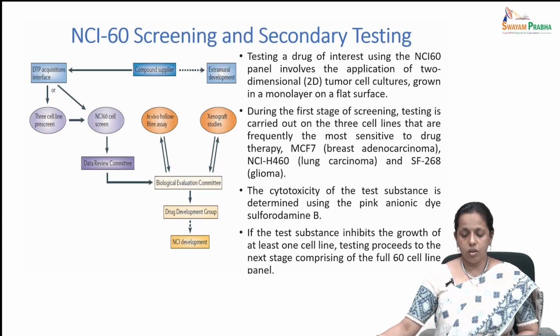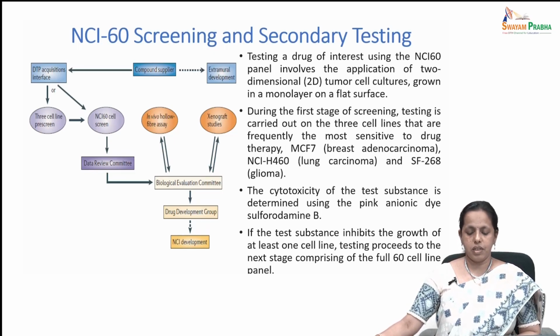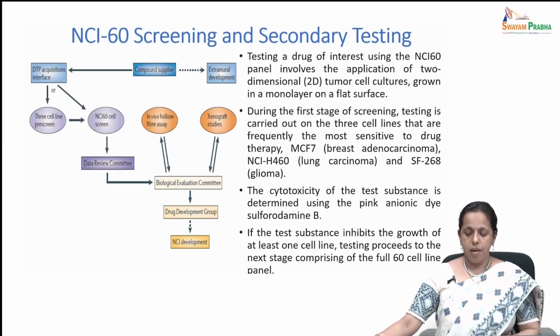Testing is carried out on 3 cell lines that are frequently the most sensitive, for example, the MCF7, the NCIH460 and the SF268. The cytotoxicity of the test substance is determined using the pink anionic dye sulforhodamine.